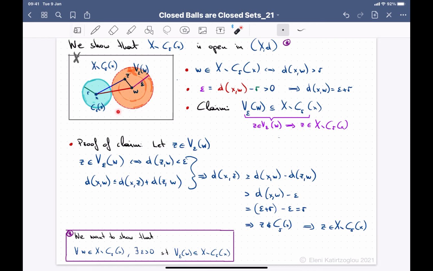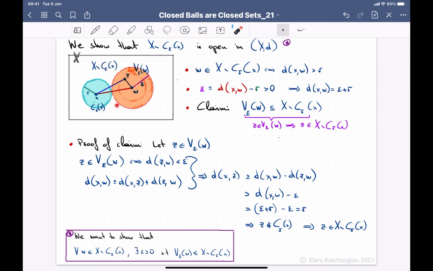W is in the complement of the closed ball, which means, of course, that the distance between X and W is strictly greater than R. Now, we can see here that because the distance between X and W is strictly greater than R, if I take a neighborhood around W that has, let's say, radius from here to here, then this neighborhood is going to be all inside the complement of the closed ball.